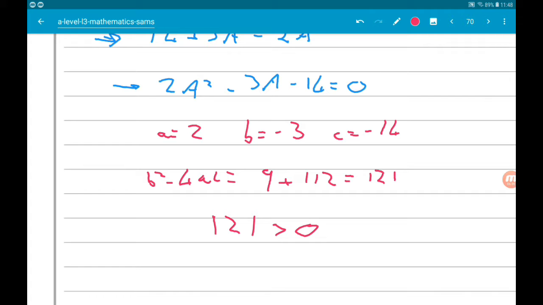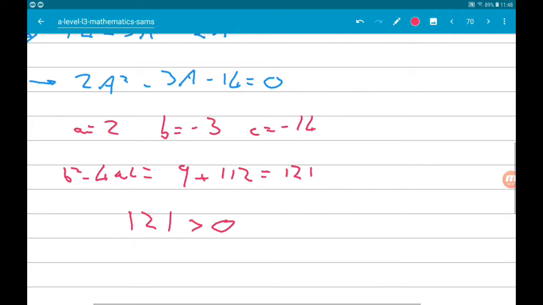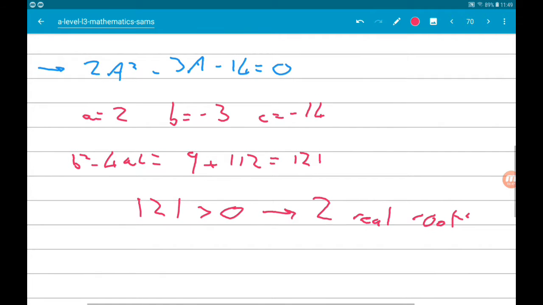Now that means then there are two real roots. Therefore, there are two values of a. Exactly two values of a.